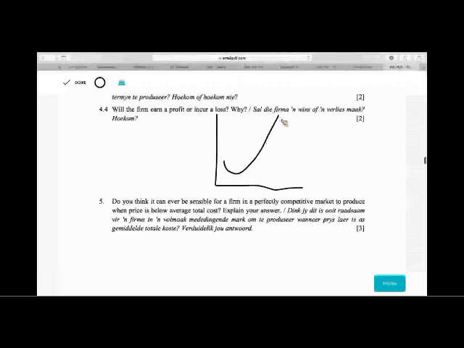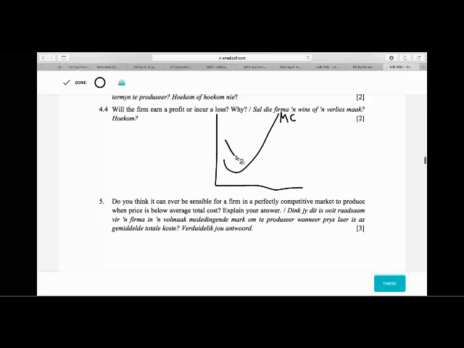We have an AVC curve, and remember the AVC is at a minimum when MC cuts it. So this is minimum AVC. And then we have ATC, whose minimum also goes through the MC curve. So these are my 3 cost curves under consideration.